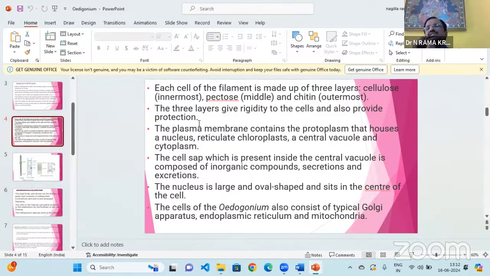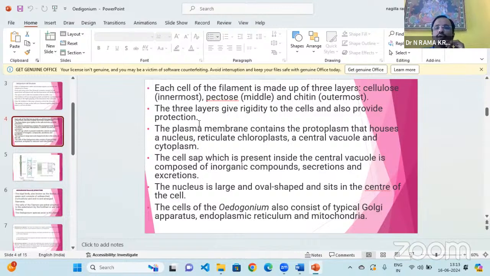Now you see here, the nucleus is large and oval shaped, and it sits in the center part of the cell.